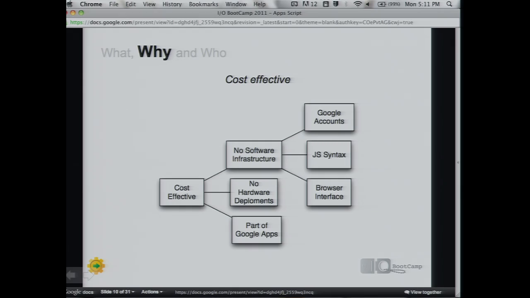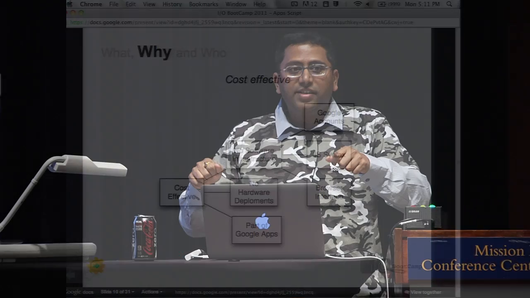You don't have to do any of that. You don't have to allocate machines or capacity, and you don't have to worry about any hardware allocation, anything like that. So those are the two big benefits right out of the bat. These benefits derive from the fact that it's a JavaScript engine in the cloud. You open the browser, you write some code, that code gets executed, and so no software deployments, no hardware deployments.